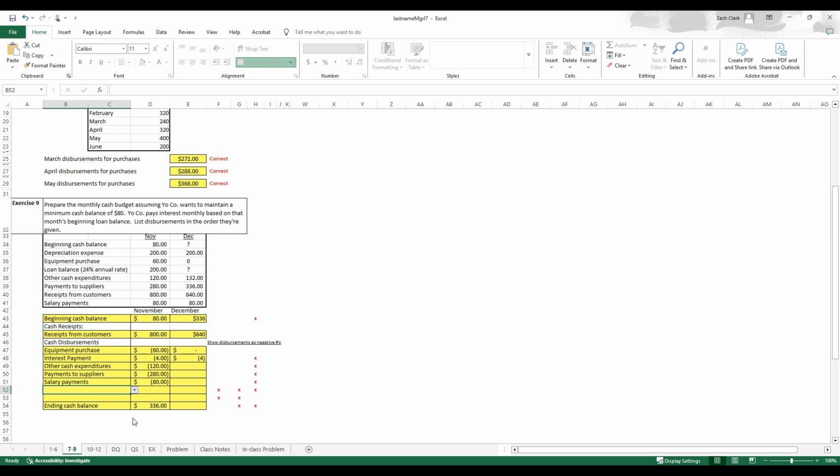Let's see if any borrowing. Okay, so I have a feeling they want us to put in repayment somewhere. Yeah, repayment there and borrowing. Sorry. Okay, this problem is a little tricky. So, but that's good.